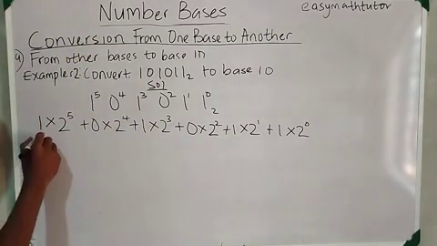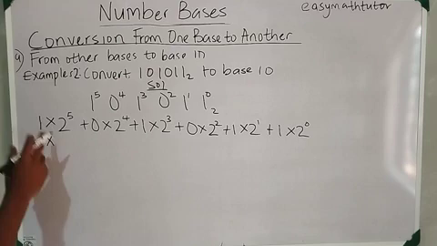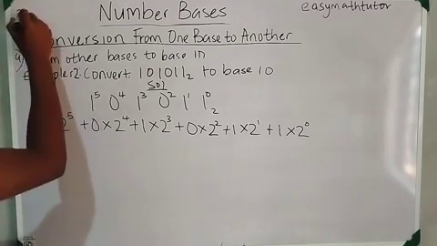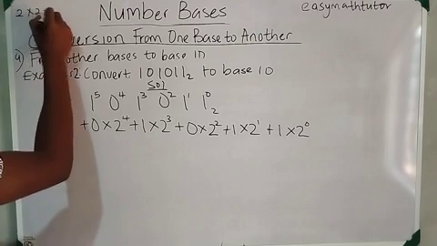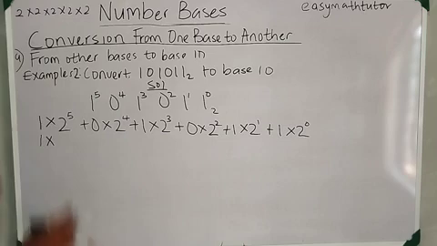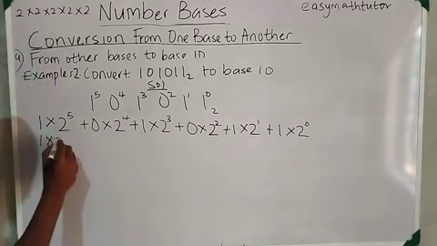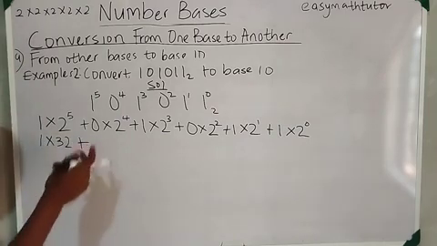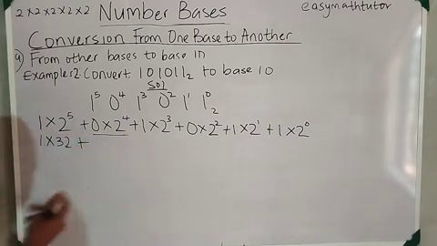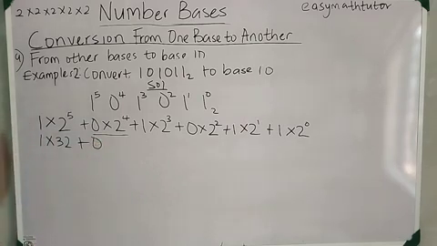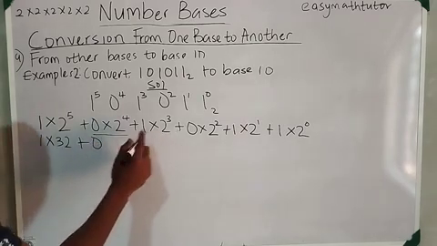This becomes 1 times 2 raised to the power 5, which is the same thing as 2 multiplying itself 5 times: 2 times 2 times 2 times 2 times 2. So if you multiply this, you are going to have 32. Plus, there is no need to actually solve for this because anytime you have 0 times a number, it will always be 0. So let's move to the third number.